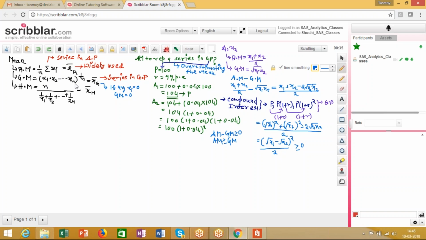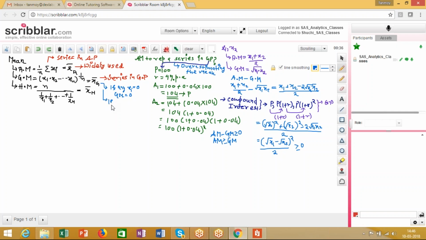Similarly, another very important limitation of geometric mean is that if there is an xi which is negative, geometric mean will become imaginary.